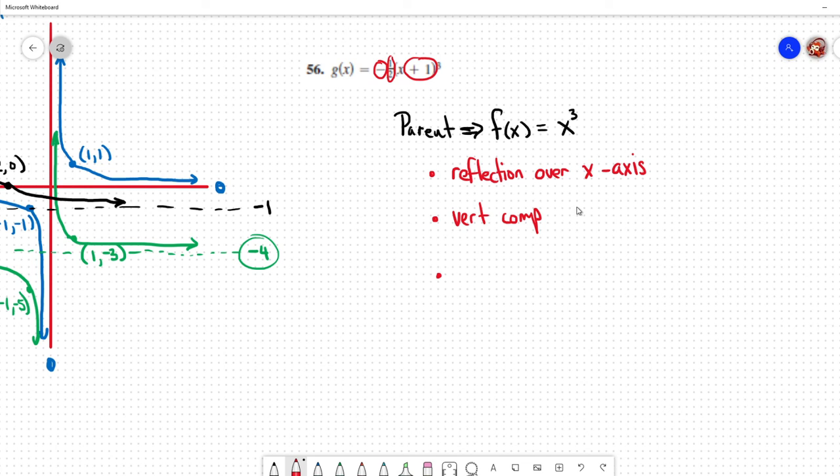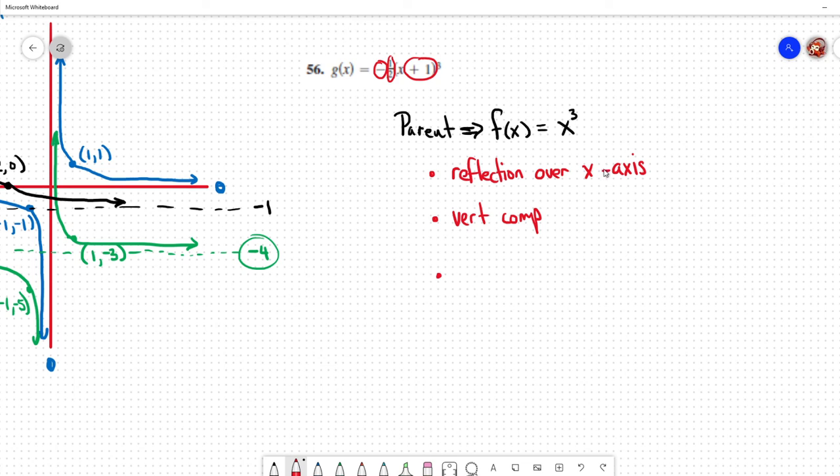Some people just wrote compression. First off, I don't know by how much. Secondly, I don't know in what direction. Vertically compress, horizontally compress. Be specific. There should be numbers. The only transformation that does not take a number is a reflection. It still requires a direction. I can't just say, oh, I reflected it.